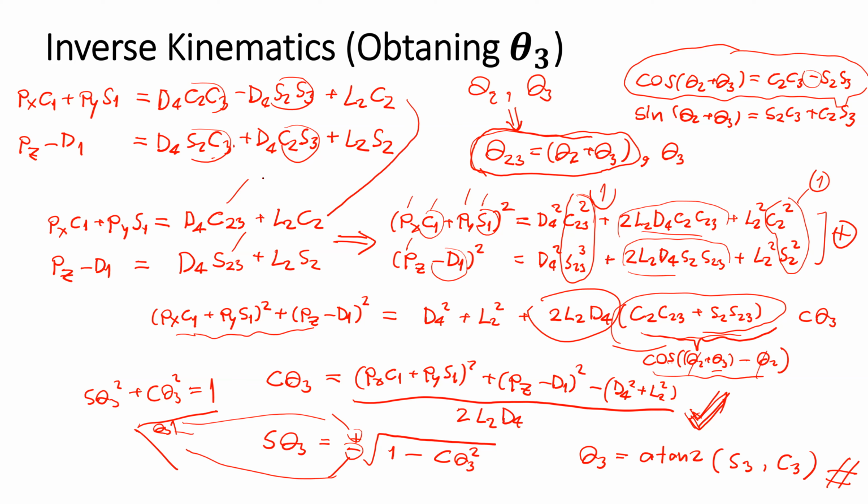We can reduce the number of terms, and we can separate the unknown term easily. But for now, we already know the theta 3, which means we can consider C3 S3 as a constant because we know the theta 3 is already a known variable.